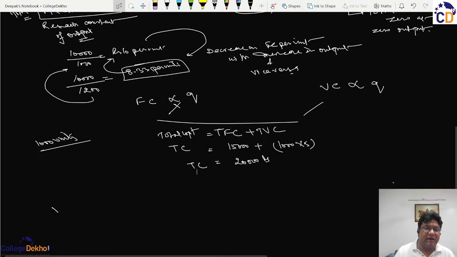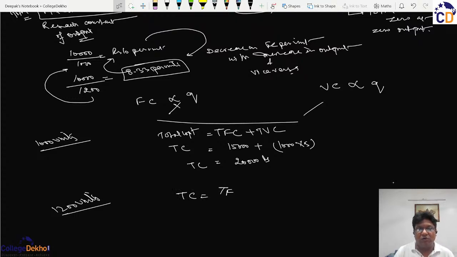But if we take the output as 1200 units, then this total cost equals the total fixed cost plus total variable cost. The fixed cost will remain the same and the variable cost will now become 1200 into 5, so this total cost comes out to be 21,000 rupees.